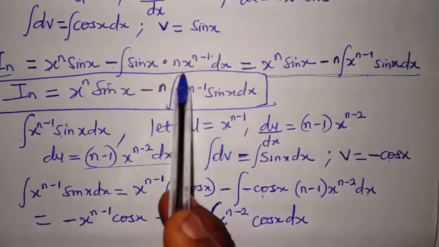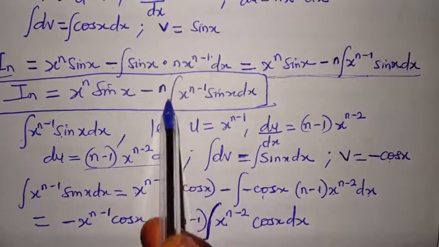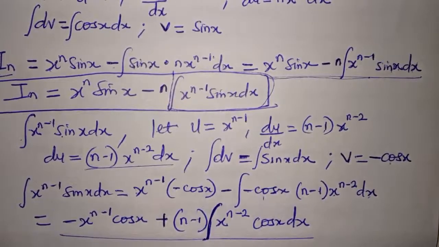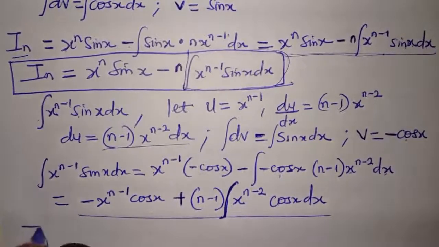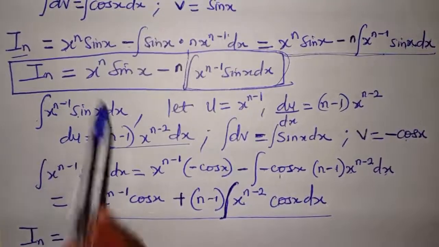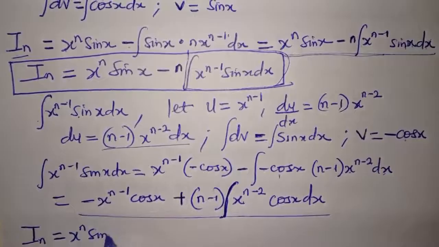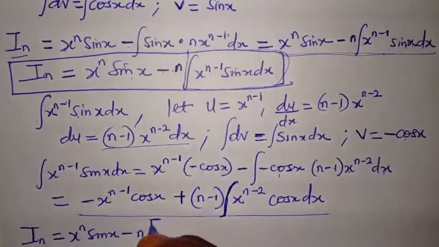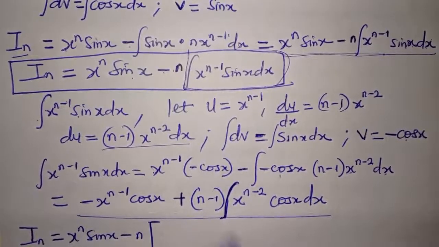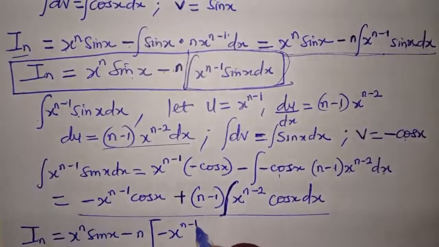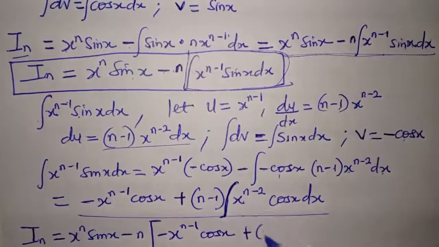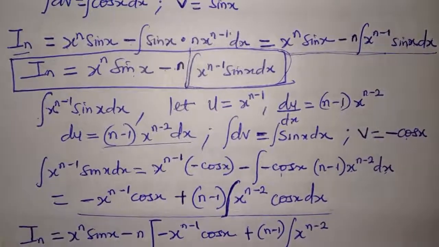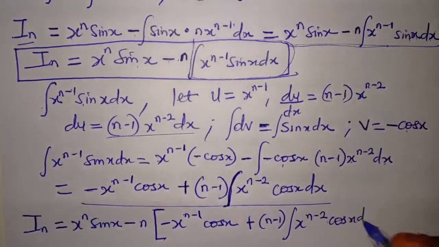So in place of this integral, from here down, I'm going to be writing this whole stuff, so that this I sub n is equal to x to the n sine x minus n, then everything here will be written inside this bracket, minus x to the n minus 1 cos x plus n minus 1 into the integral of x to the n minus 2 cos x dx.